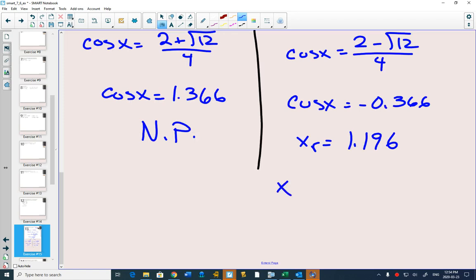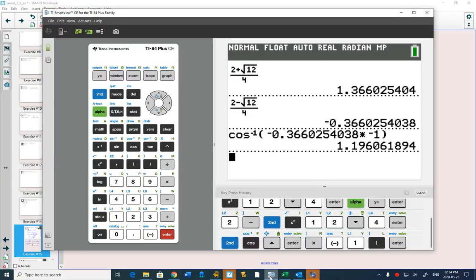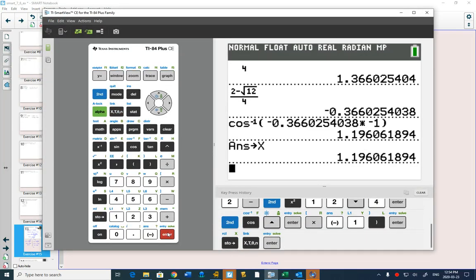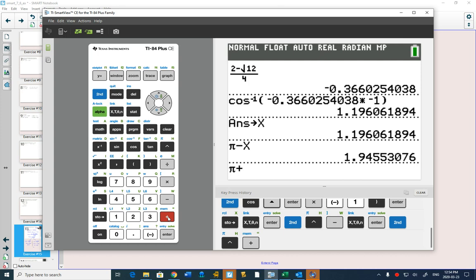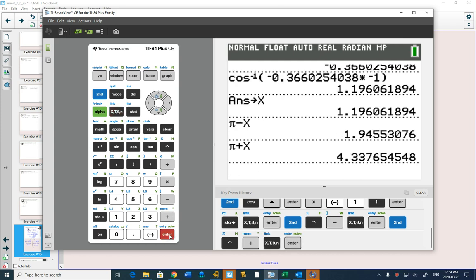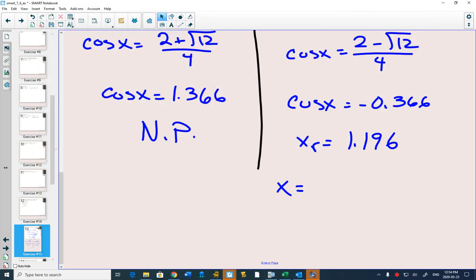Then since cos is negative, it will be in quadrants 2 and 3. So go back to my calculator. I'm going to store this value I just got as x. In quadrant 2, it would be pi minus x. And in quadrant 3, it will be pi plus x. So we get 1.945, 1.946. What were we supposed to round to?